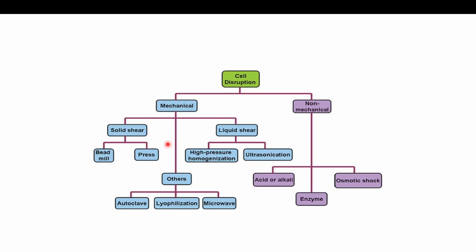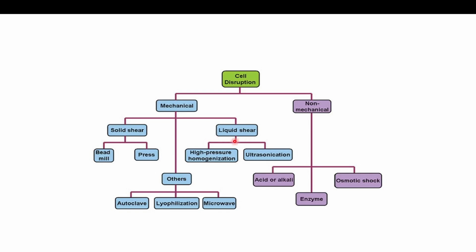There's the bench press method or French press method also, wherein you try to squeeze the cells through a passage that is smaller than the diameter of the cell. Okay, like that. So it will eventually break open the outer membrane of the cell, or cell wall in case of bacterial cells or plant cells.